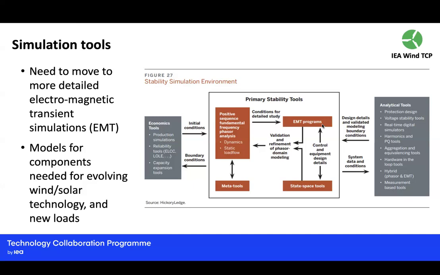And because the studies run really long, say for a few hundred bus system, one contingency may take an hour and a half to simulate, and you have thousands of contingencies to check, that's not practical. So people are looking at state space tools.